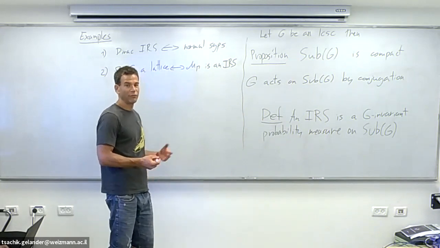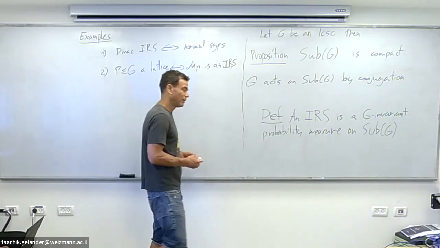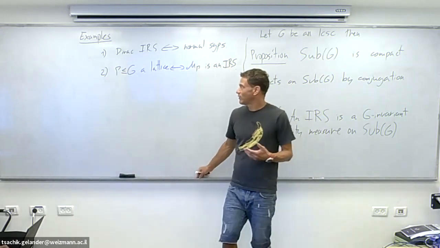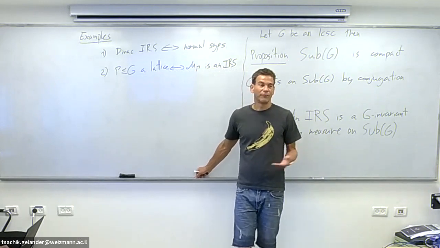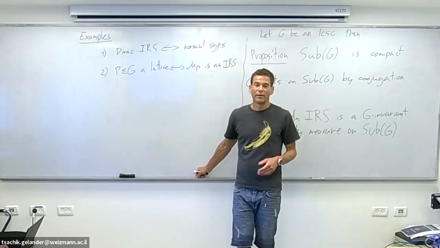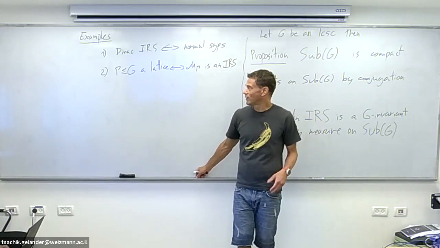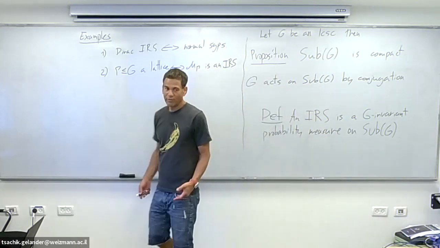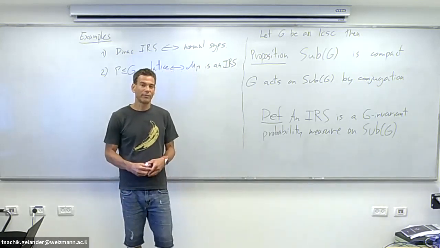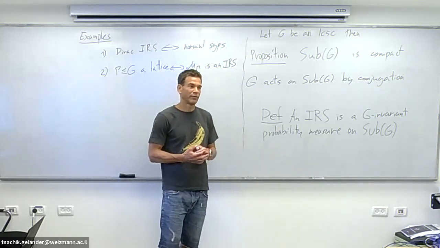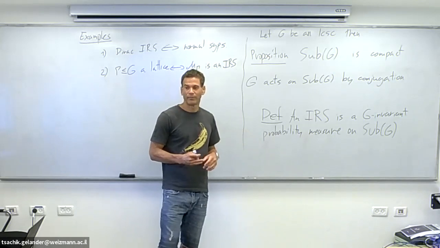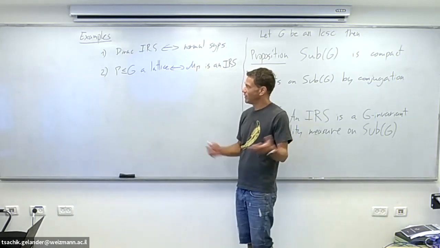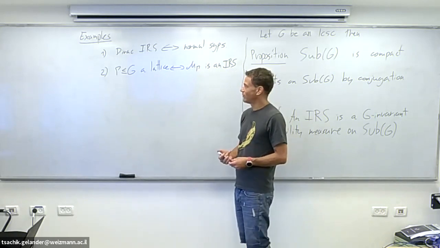You consider measures which are invariant under conjugation. In particular, what can you say about the space of all invariant random subgroups in the free group? There are many things that can be said, but there are many open problems and some famous problems about invariant random subgroups even in the free group. Next semester we'll get to that stuff.